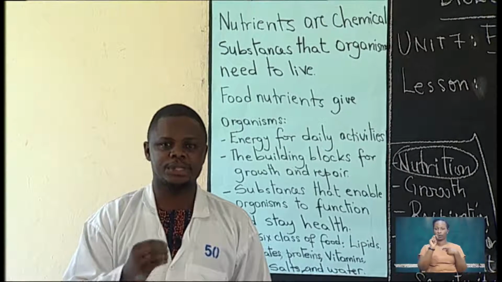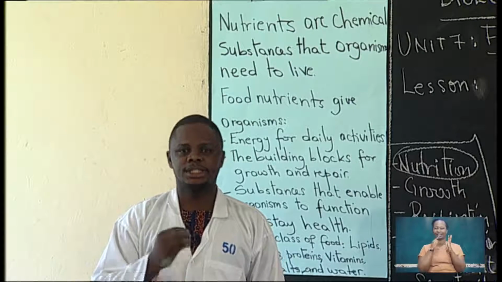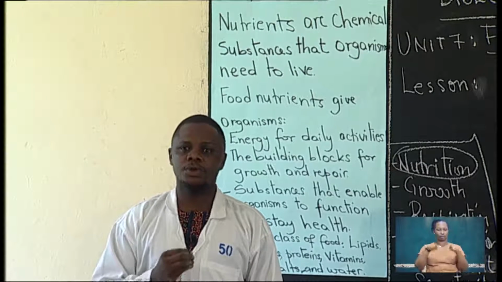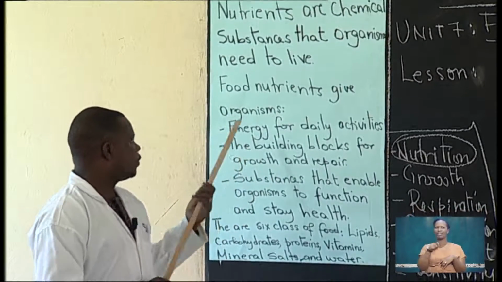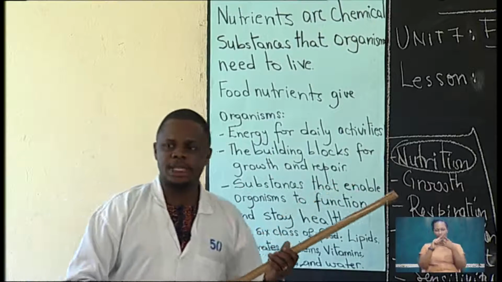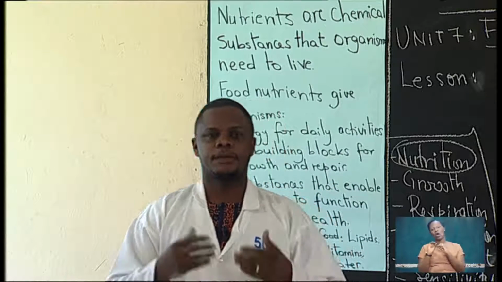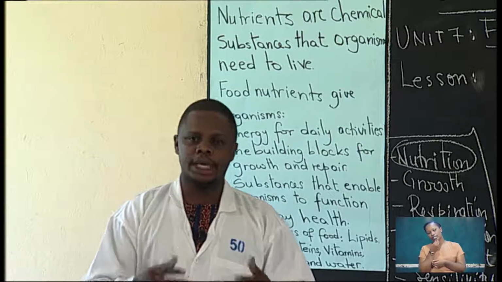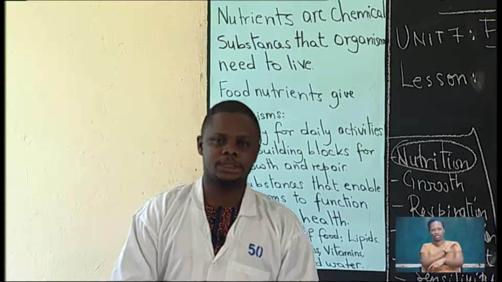Nutrients are chemical substances that organisms need in order to live or to survive. Why do they need food nutrients? 1, to get energy for daily activities. Organisms feed or they get food so that they can get energy for daily activities.